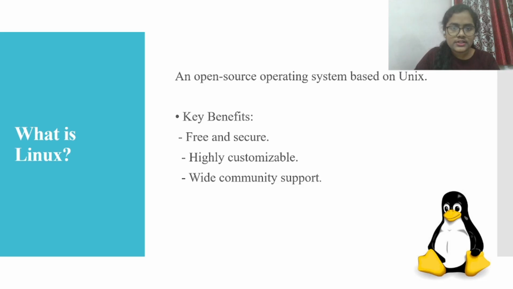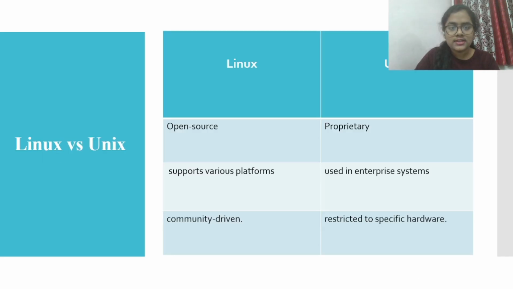The key benefits of Linux include that it is a free and secure operating system, highly customizable, and it provides wide community support. Further, the difference between Linux and Unix is that Linux is open source but Unix is proprietary. Linux supports various platforms but Unix is used in enterprise systems.